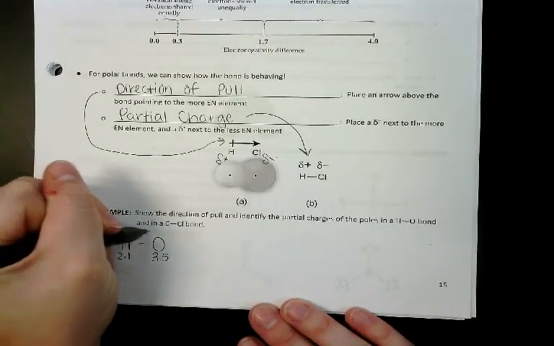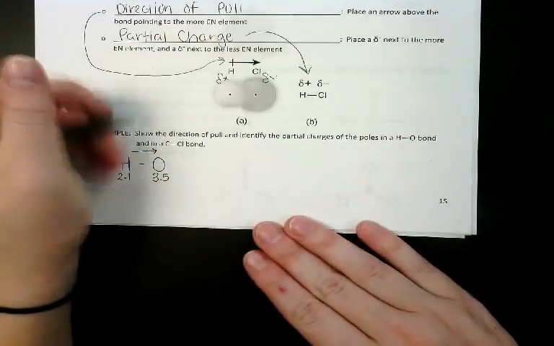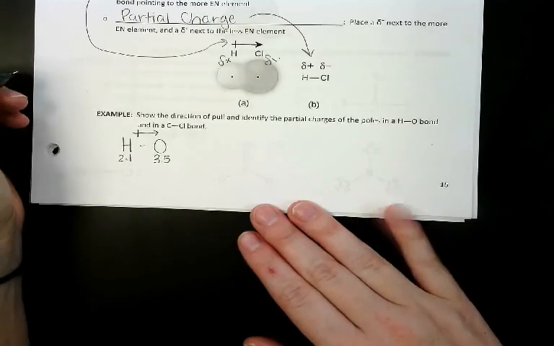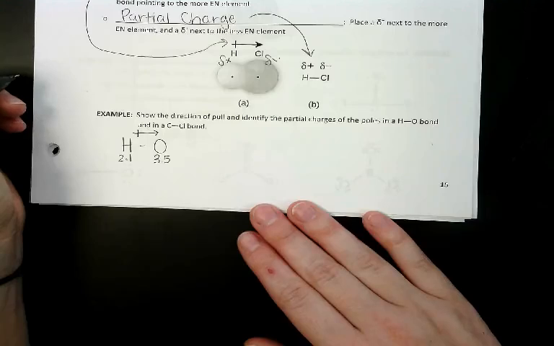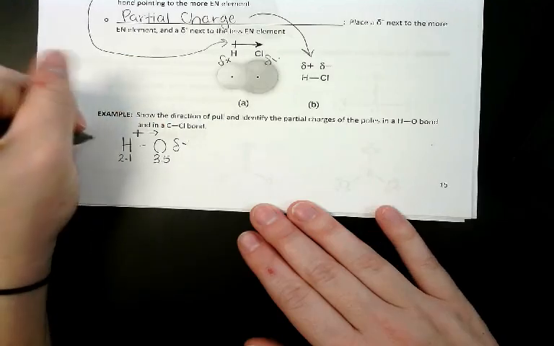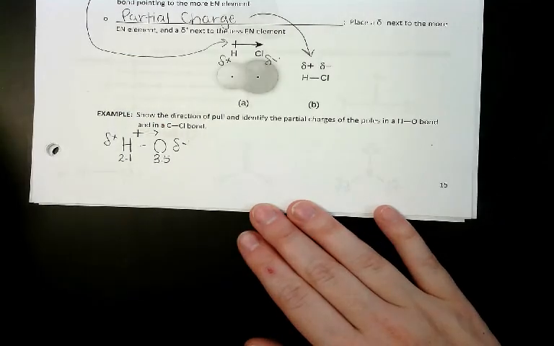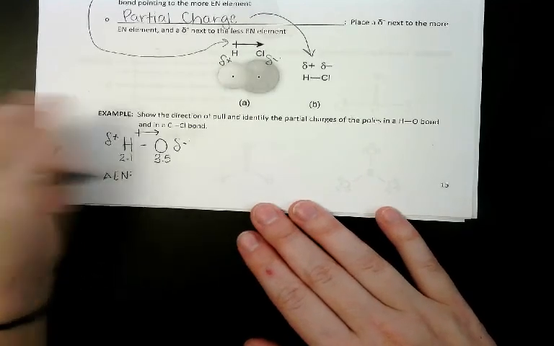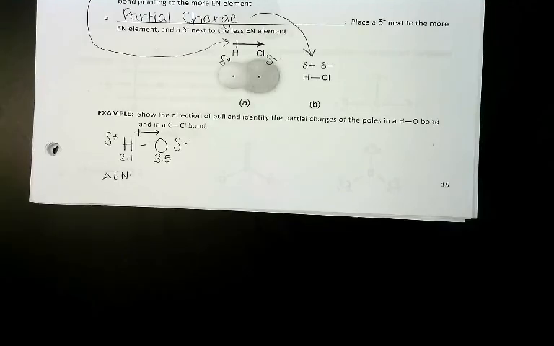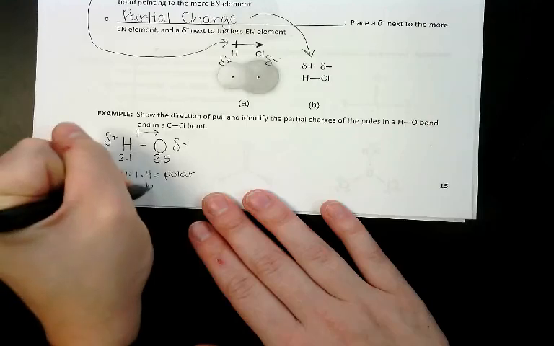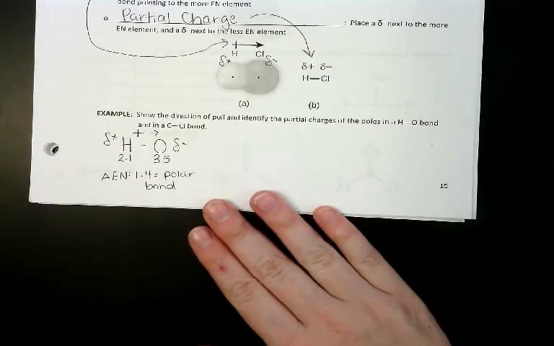Oxygen has a higher electronegativity value. Therefore, it's going to be pulling those electrons closer to itself. So will oxygen have a partial positive or partial negative? Partial negative. Oxygen's pulling those electrons, so it's going to have a partial negative, and hydrogen's going to have a partial positive. Okay? Now, if you took the difference in electronegativity here, what would that difference be? 3.5 minus 2.1 is 1.4, which means that this is a polar bond. Okay? That's why we showed those partial positives and negatives.